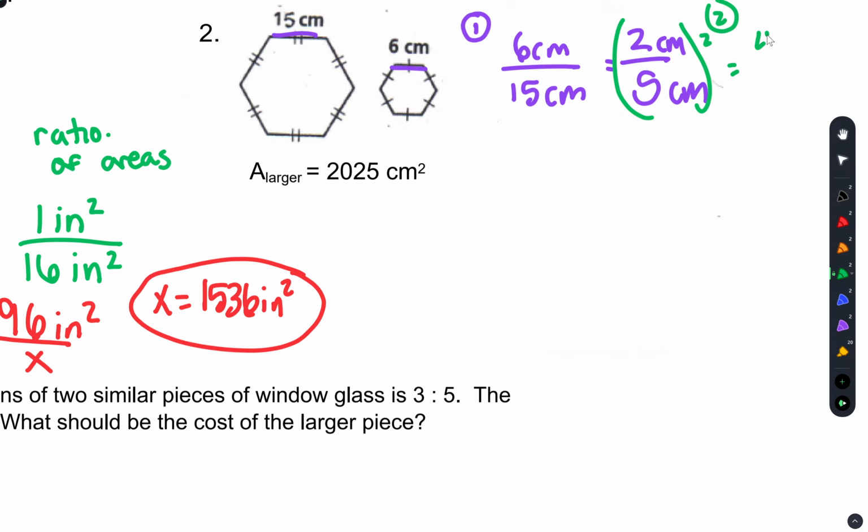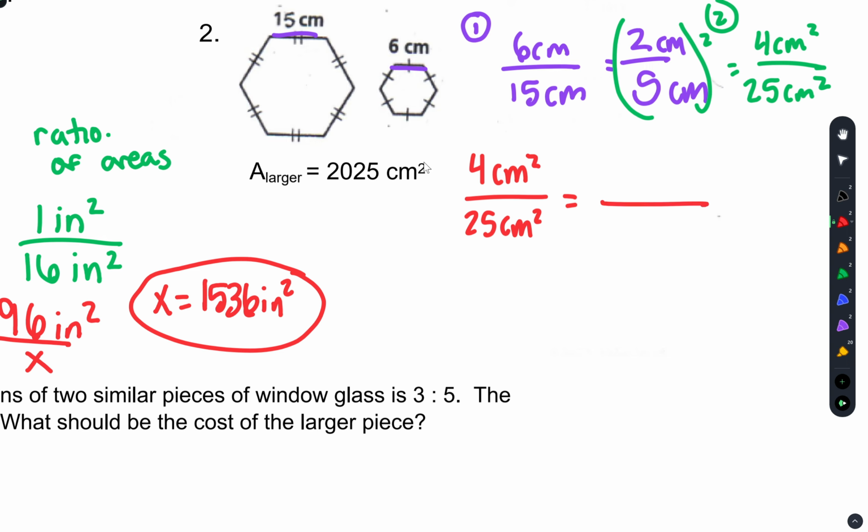So 2 squared is 4 centimeters squared. 5 squared is 25 centimeters squared. So I'm going to take that ratio of my areas, 4 centimeters squared over 25 centimeters squared, and put it into a proportion with the area of my larger shape, 2,025 centimeters squared.